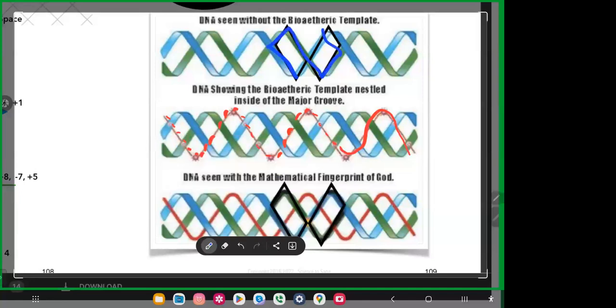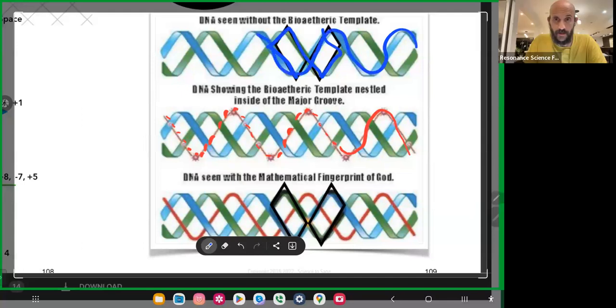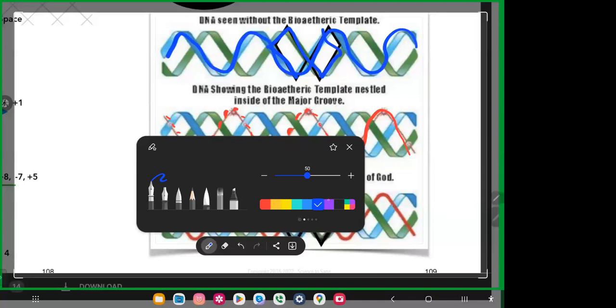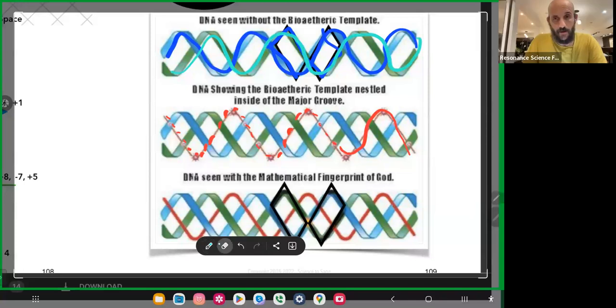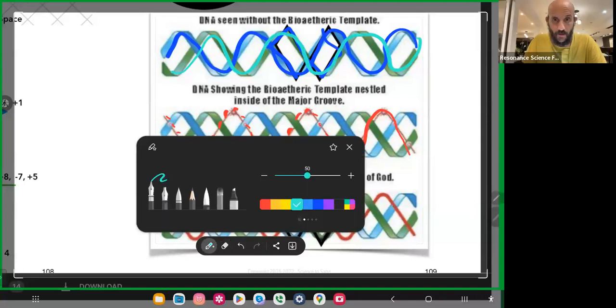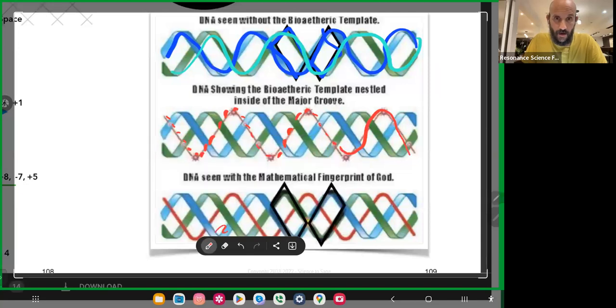It controls cleavage and receptor sites of DNA amino acids.